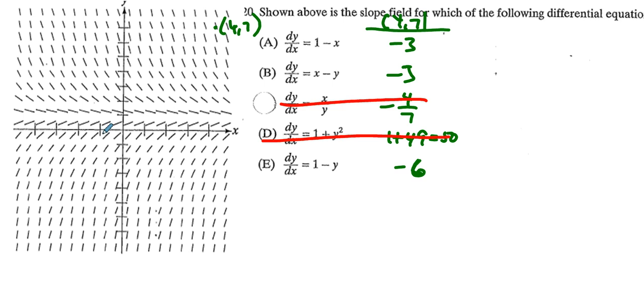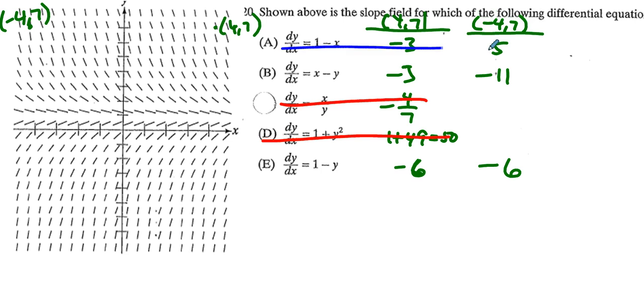Then we take a look at what's going on at -4, 7. At -4, 7, this is 1 minus -4, this is -4 minus 7, this is 1 minus 7. That line's got a negative slope, so it's not that.